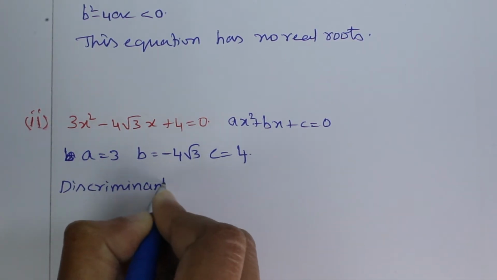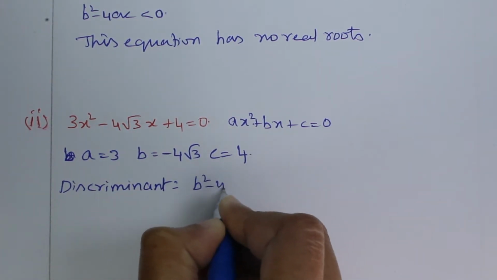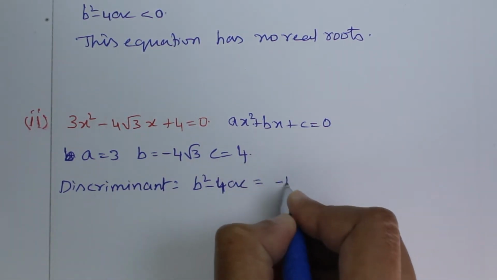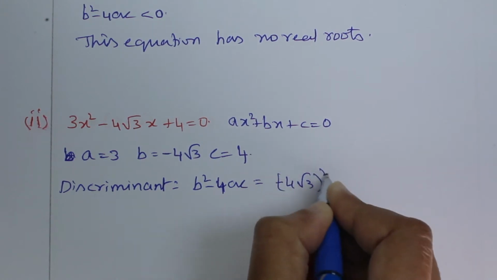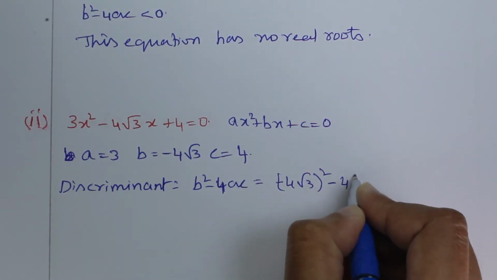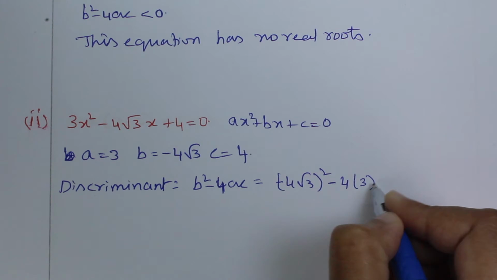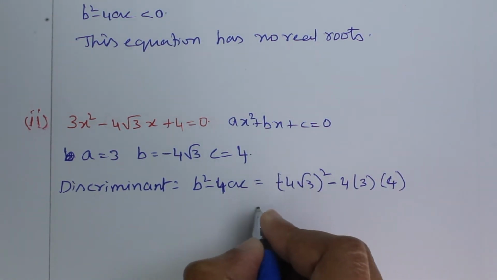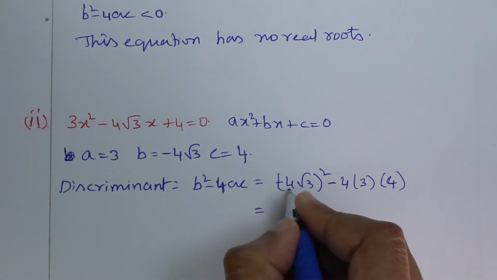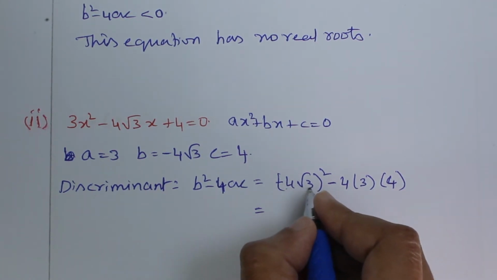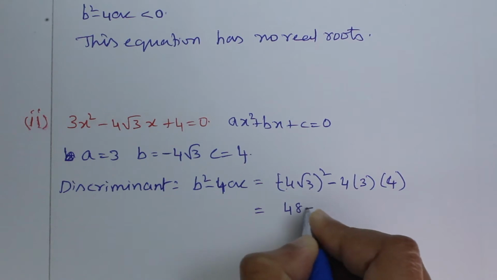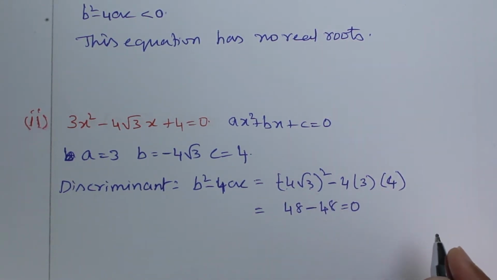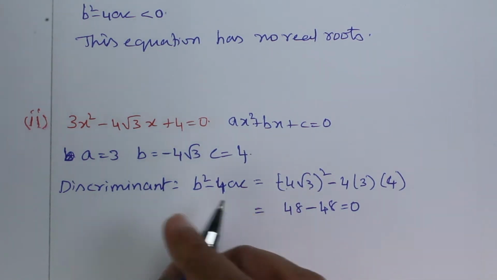Discriminant b square minus 4ac is equal to minus 4 root 3 whole square minus 4 into 3 into 4. 4 square is 16 into 3, 16 3s are 48, minus 4 4s are 16, 16 3s are 48. 48 minus 48 is 0. So we got the discriminant value as 0.